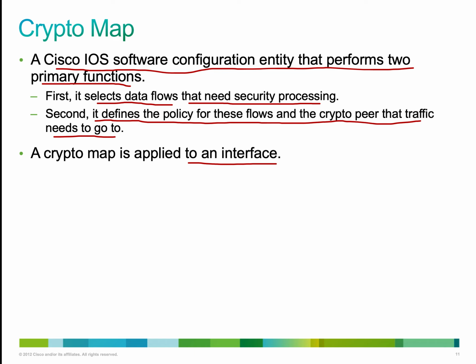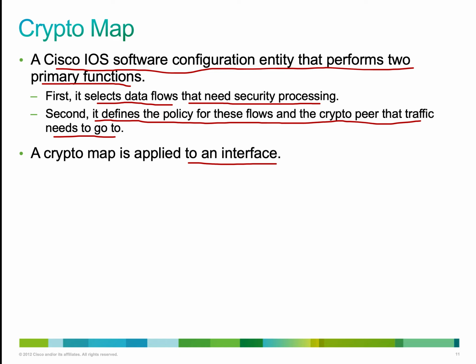Now, crypto map. Another terminology that is used in cryptography or cybersecurity is the crypto map. It is a Cisco IOS software configuration entity that performs two primary functions. These functions define what a crypto map is.